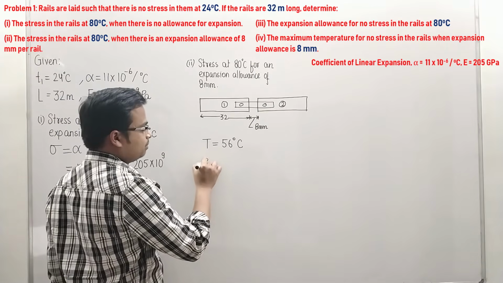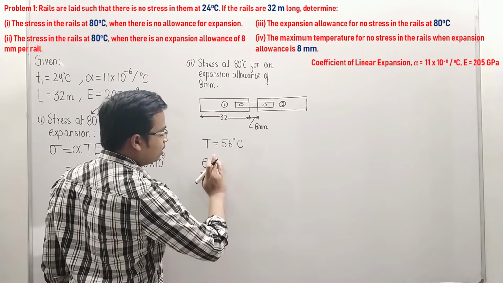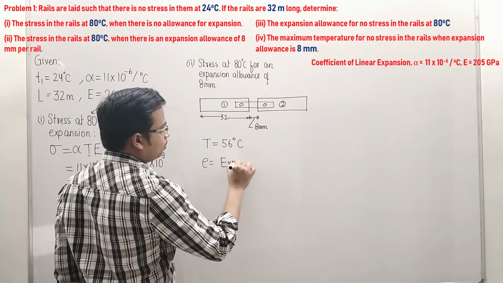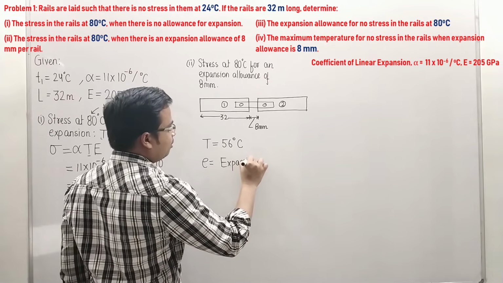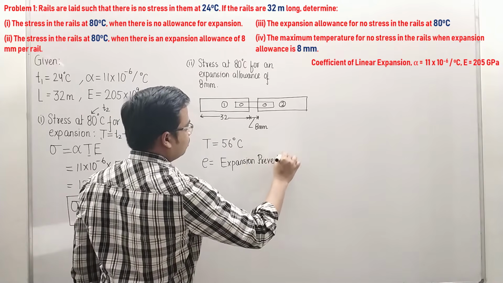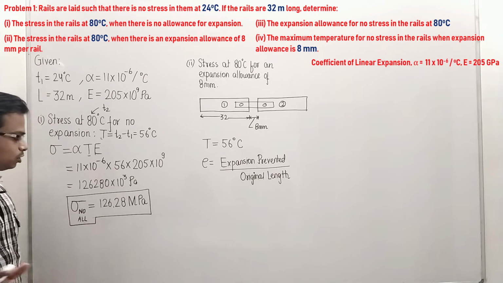Just watch. Let me just write the formula. Let us do it in the most general sense. If I were to calculate the value of strain, it is going to be equal to the expansion prevented with respect to the original length. Watch this.